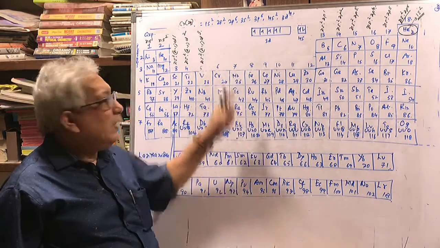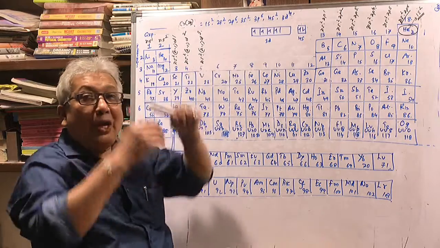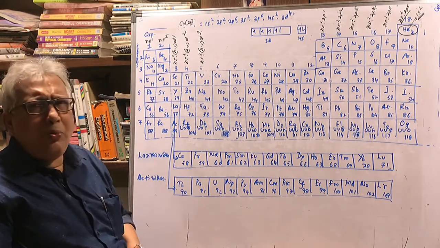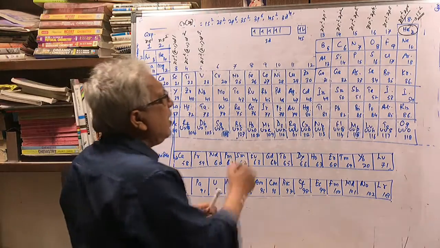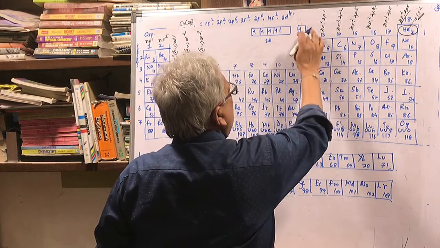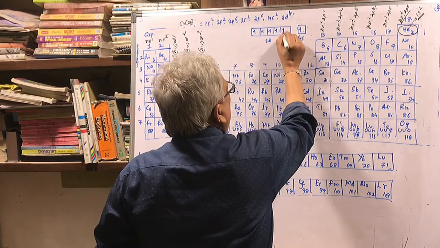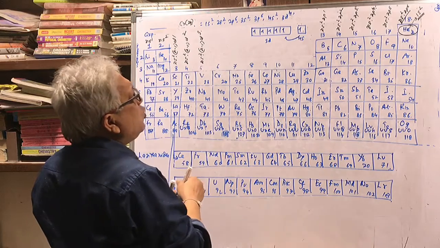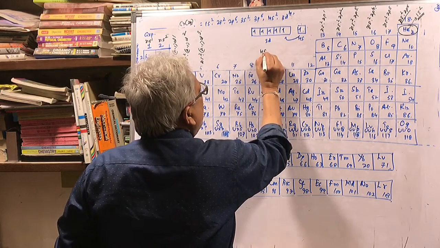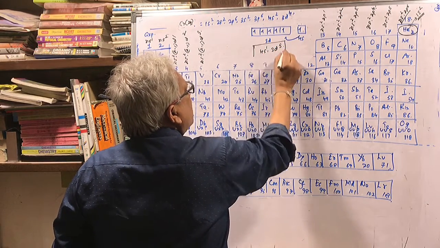Then I get half filled, you also get half filled. In the bargain, the entire electronic configuration becomes stable. So 4s says, okay, no problem, I'll shift this electron over, and the energy difference between the two is not much. So originally the configuration was 4s2 3d4, but it ultimately becomes 4s1 3d5. Do you understand my point?